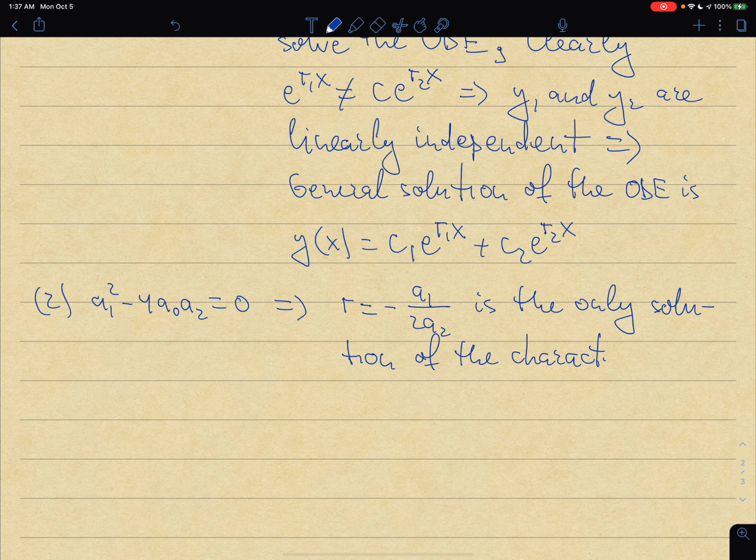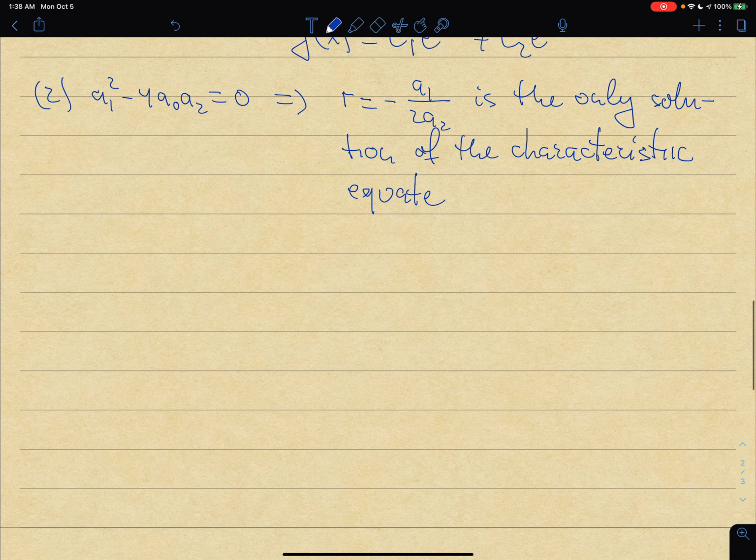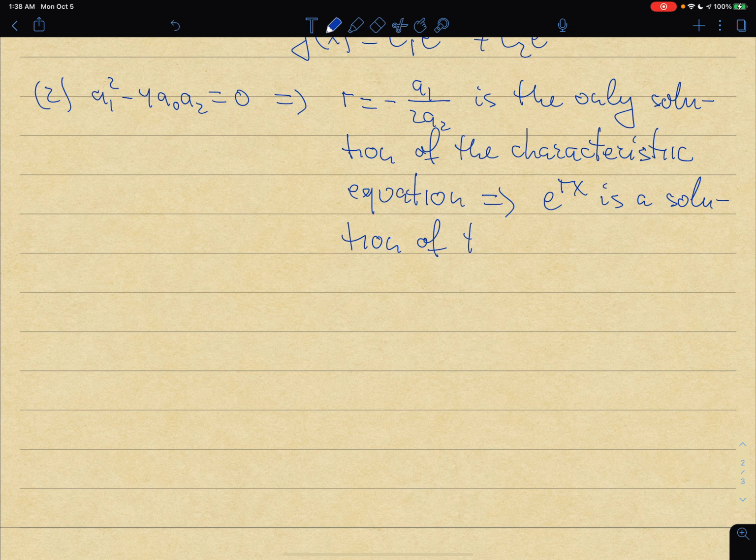And then if that is a solution of the characteristic equation, then e to the power r times x is going to be the solution of the ODE. So then e to the rx is a solution of the ODE.